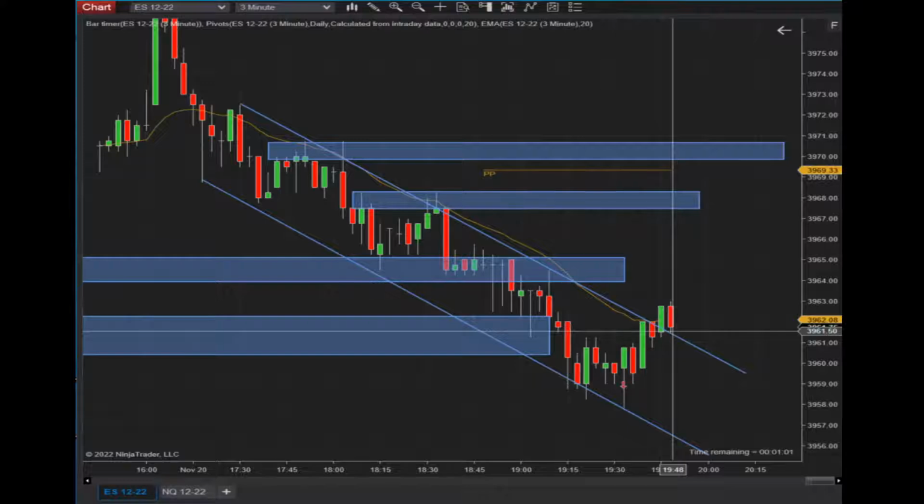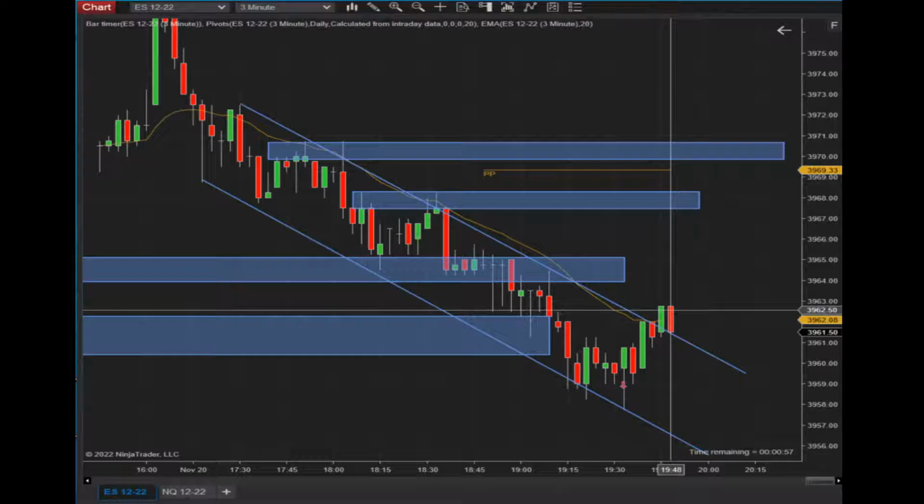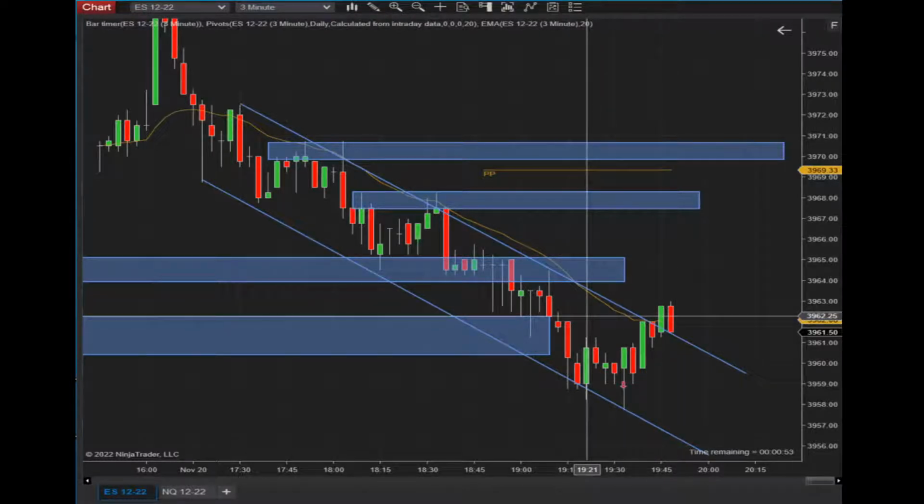The only thing I can do right now would be to buy on this at this particular time. I have rules set up that shows me and tells me what I should be doing.